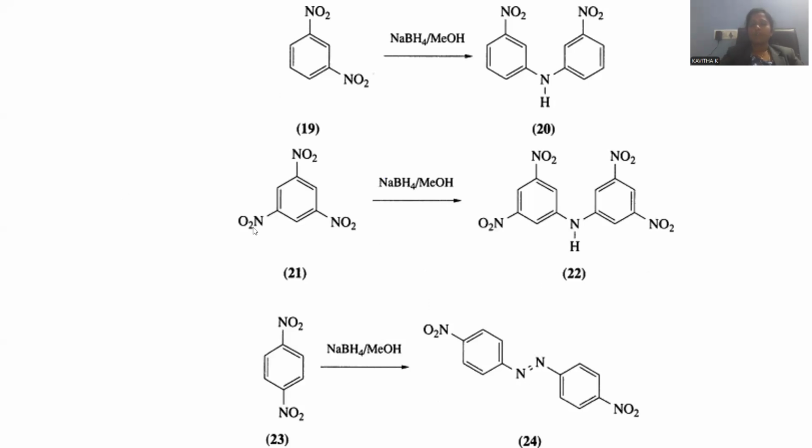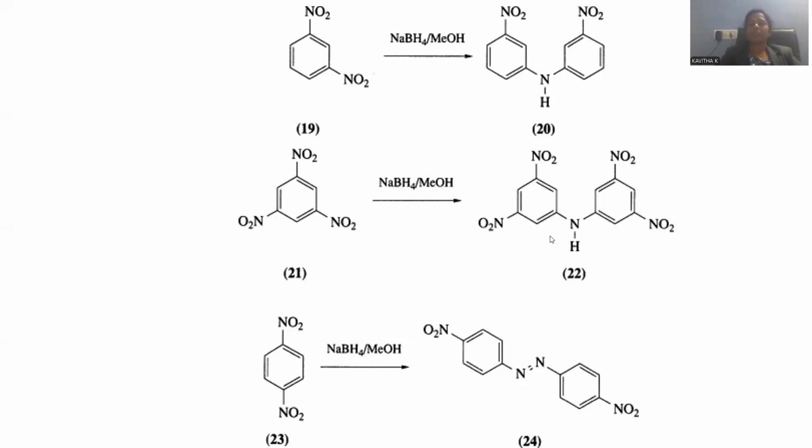If we take 1, 3, 5-trinitrobenzene and subject it to reduction with sodium borohydride, again you can notice the dimerization process, giving rise to only one of the nitro groups being reduced into NH2, and that will be added to another molecule of that compound, giving rise to a nitrogen linkage.